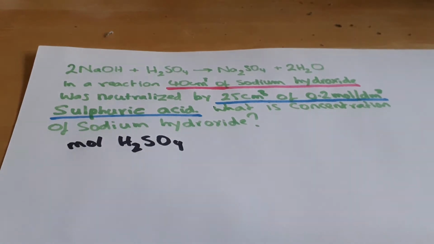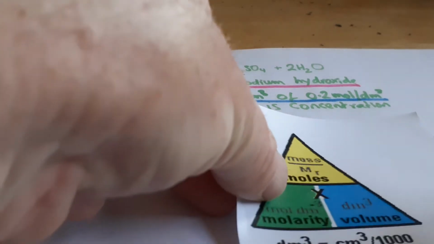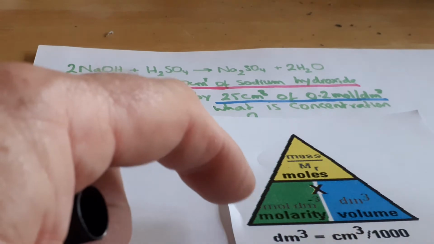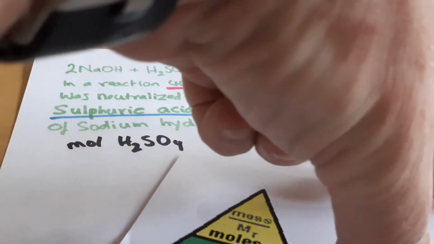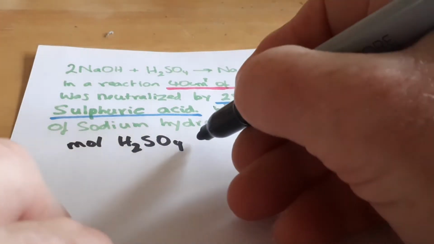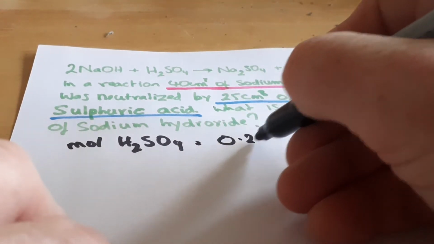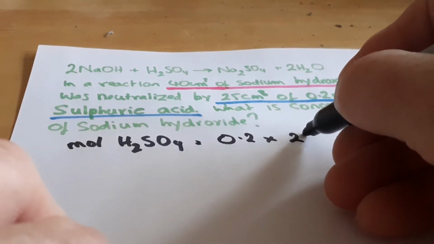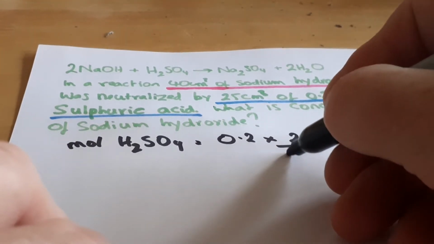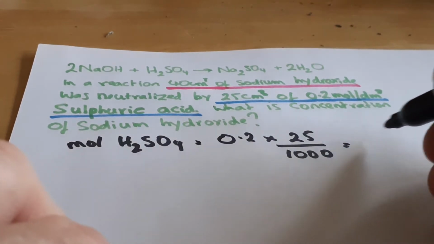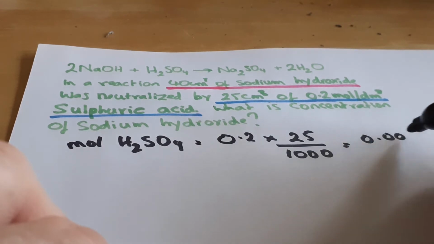As I said again, we need to use this equation: moles equals concentration times volume. So the concentration is 0.2 and the volume is 25 centimetre cubed, so we've got to divide it by 1,000, and that will come out as 0.005 moles.